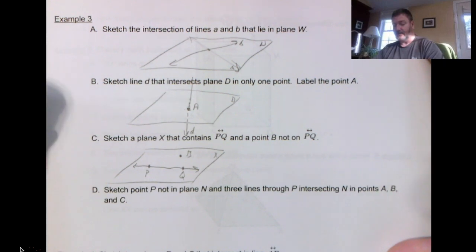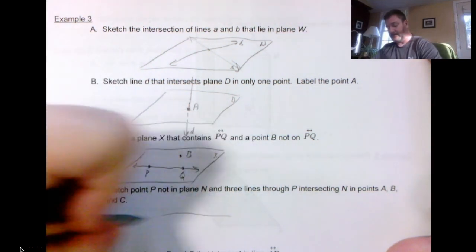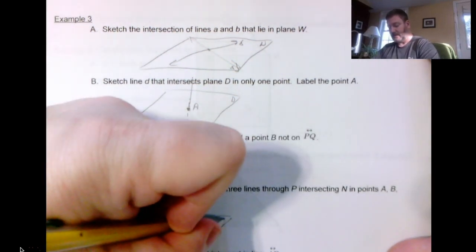Sketch point P not in plane N, and 3 lines through point P intersecting plane N in points A, B, and C. So I'm going to draw our plane N here.